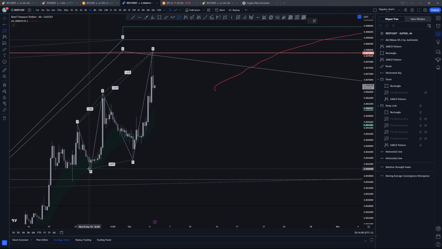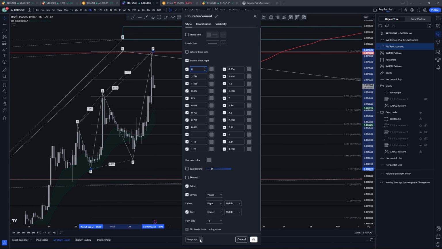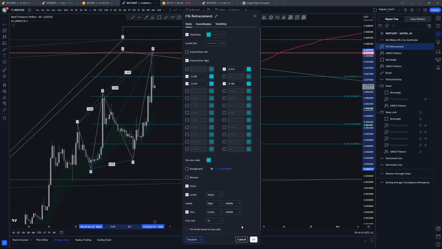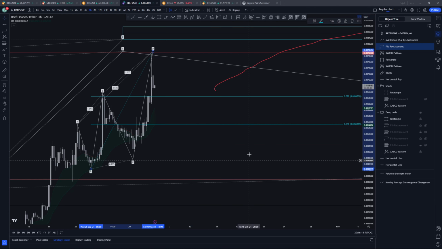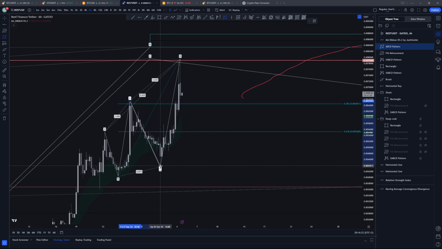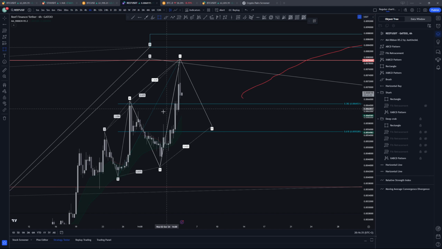The targets for this three drives would be, let's see. Gonna take my harmonic TPs, exclude these two, and include another level. So because this is a 1618, our main TP area is going to be that 618. So essentially, on a lower time frame, this is where I would look for a rejection.